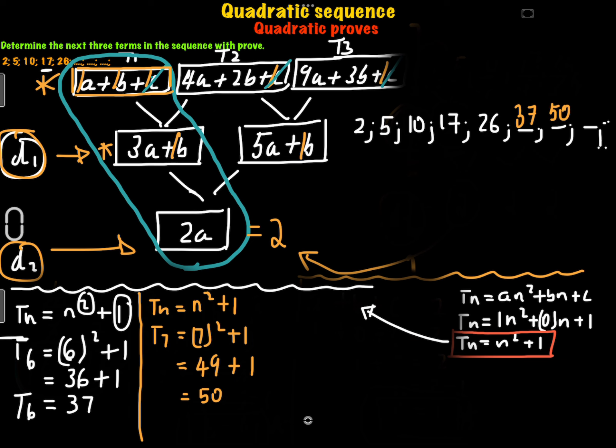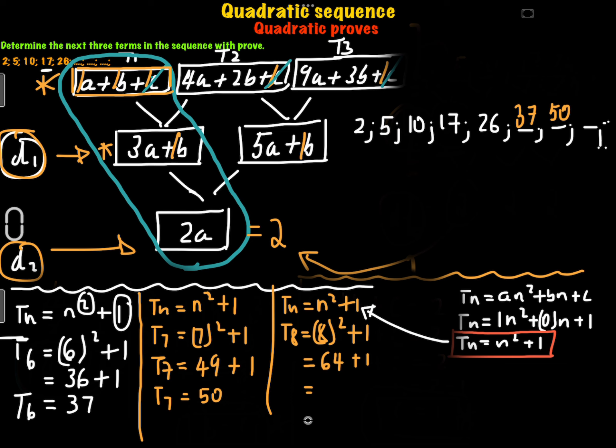Okay, right. So we've just looked at the seventh term. Again, don't forget the general formula is Tn is equal to n squared plus 1. Eighth term now, so 8 raised to the second power plus 1. 8 times 8 gives us 64, plus 1 gives us 65.